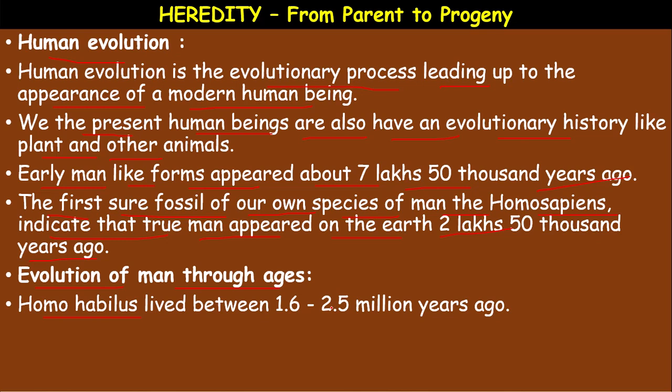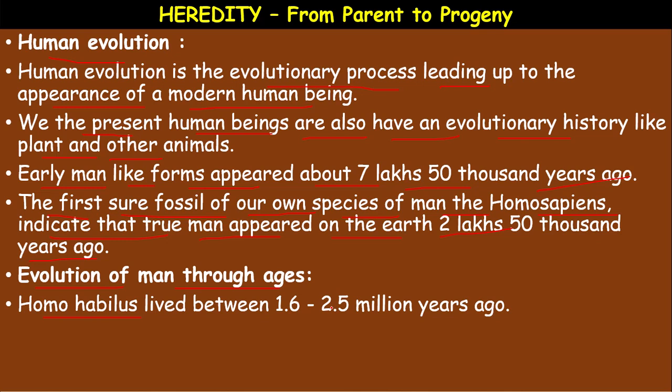They used to eat fruits, fully erect, 1.5 meters tall. Then foramen magnum ventral, canines small, hunted small game. These are the important features.